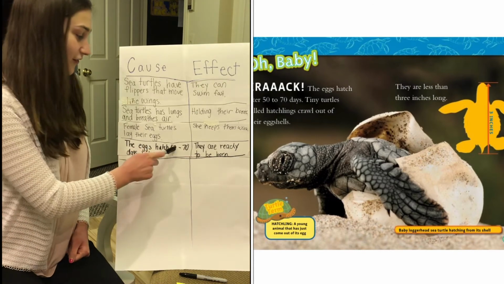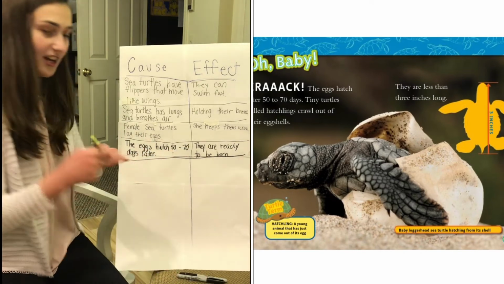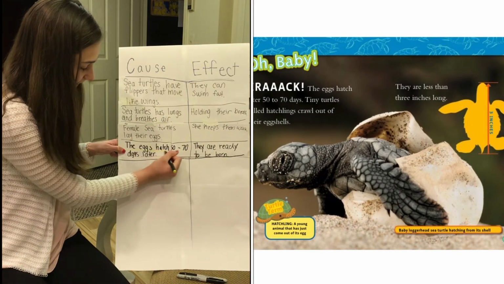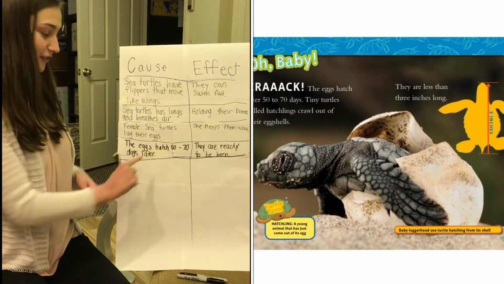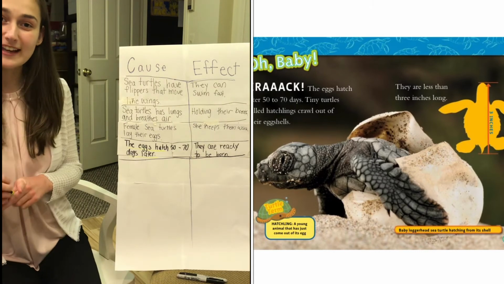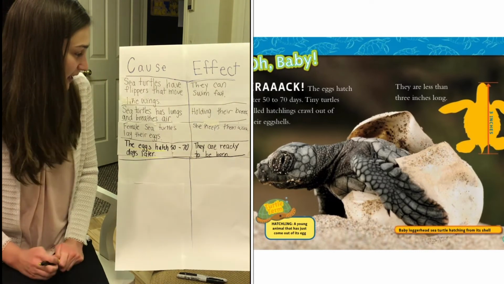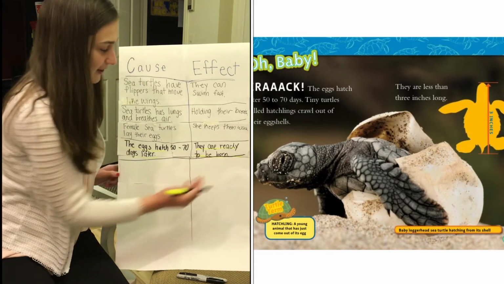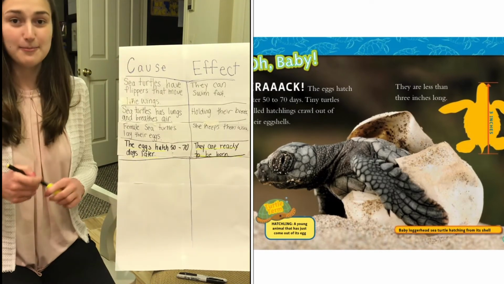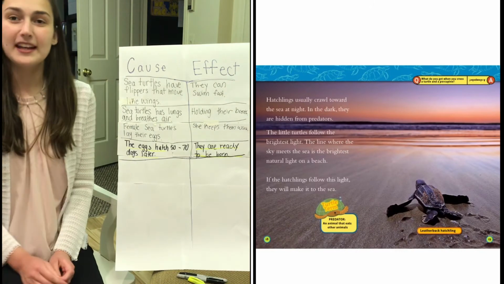The eggs hatch 50 to 70 days later. You can take your highlighter and highlight it if you have it printed out. Or if you're on your computer, you can just follow with your finger or have your mom or dad help you read it. Okay? And then our effect, we can highlight that too, or we can follow it with our finger. They are ready to be born. That is the effect. Okay, let's keep reading.